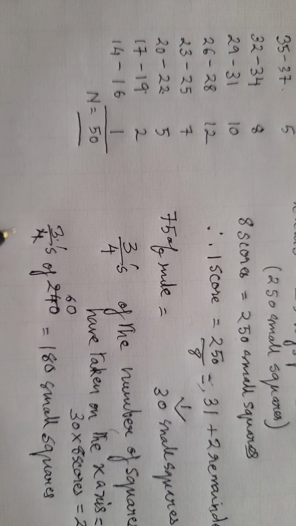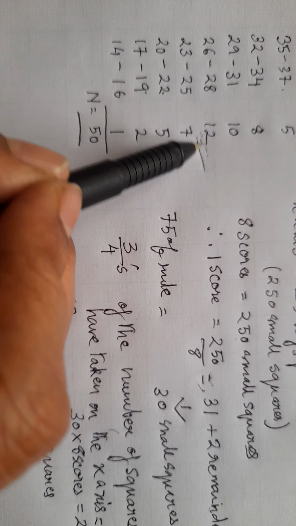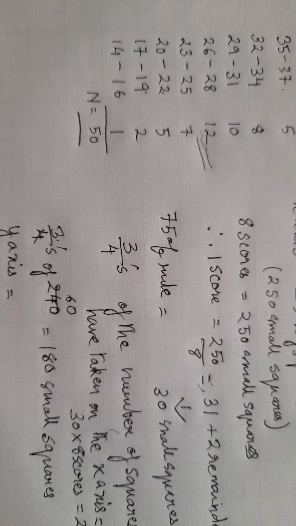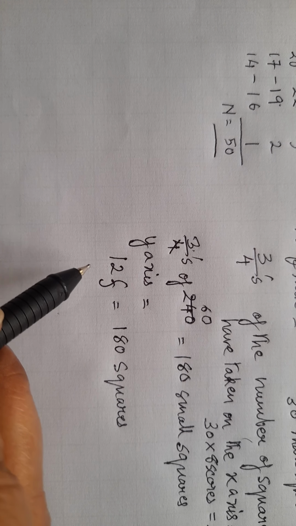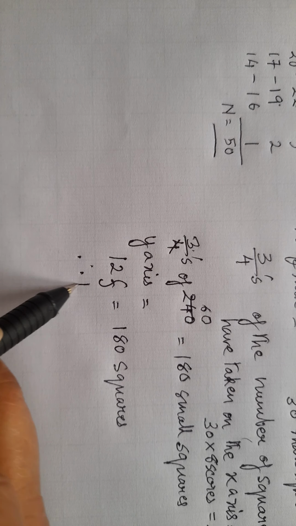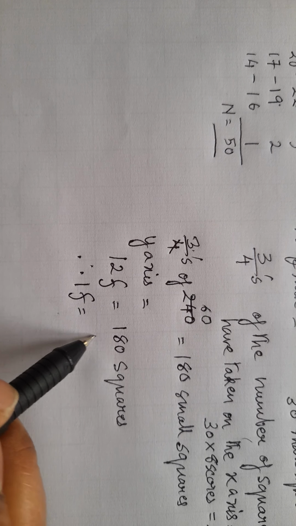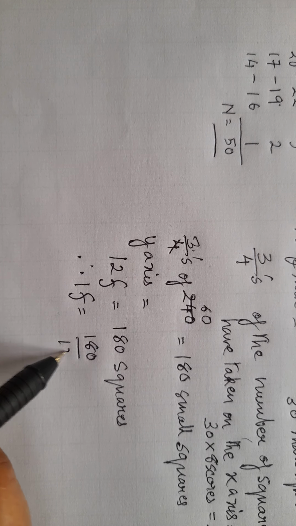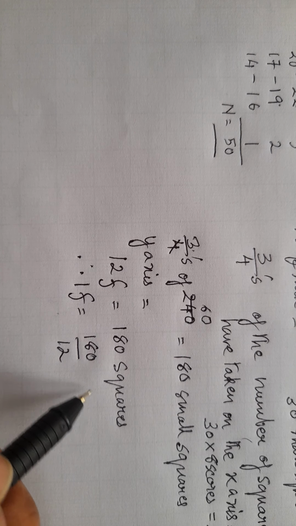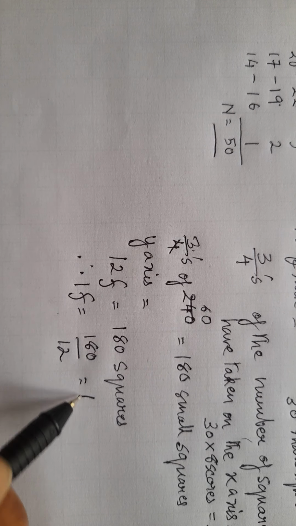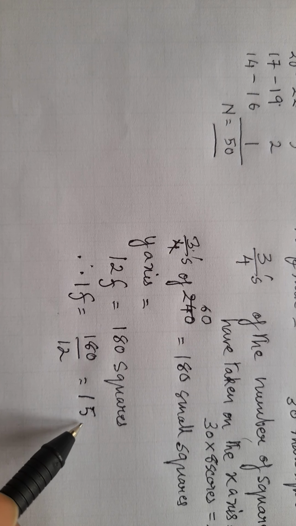Now this we will use for the y-axis. Y-axis, this is the highest frequency. 12 frequencies is equal to 180 squares. Therefore, one frequency is equal to 180 divided by 12, which comes to 12 ones are 12 and 12 fives are 60.